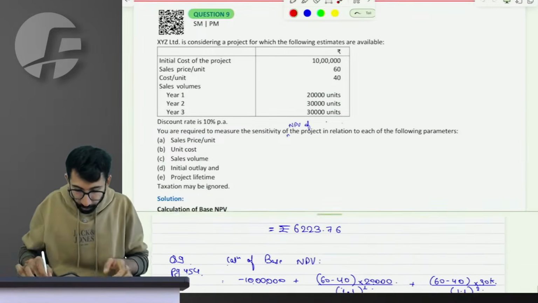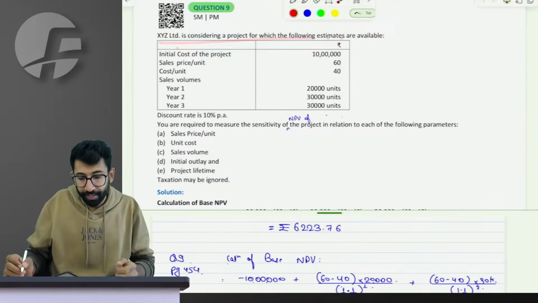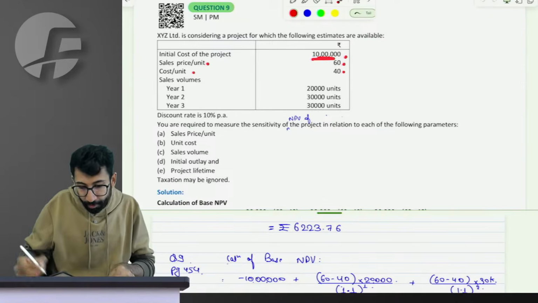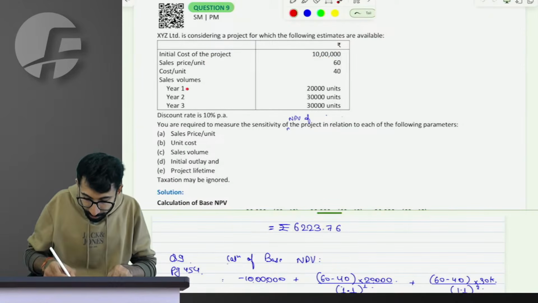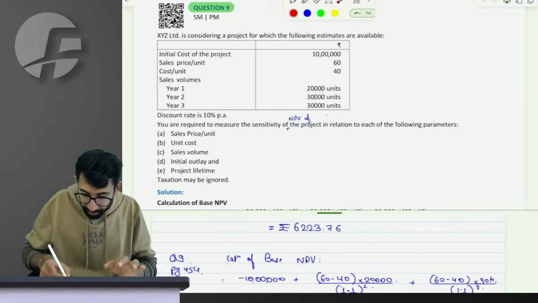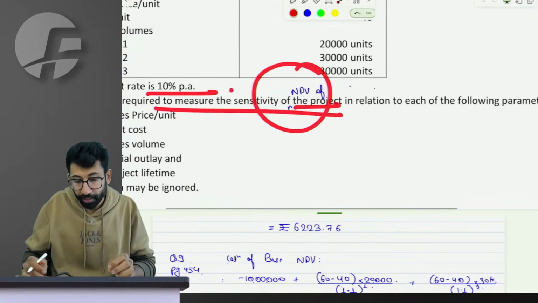Cool. Come on. X Limited is considering the following project as per following estimate. Super fast, everyone in the class, please pay attention. Initial cost is 10 lakh rupees, sales price per unit cost is 60 and 40, sales volume for the next 3 years is this. Sir, no fixed cost, discounting rate 10%. You are required to calculate sensitivity of the project.